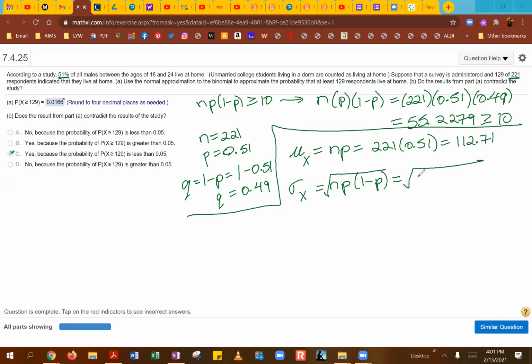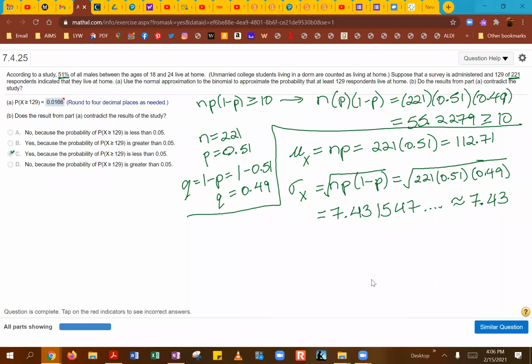So then you have 221 times 0.51 times 0.49, all of those we multiply together, and then you take a square root on top of those numbers. Alrighty, so our standard deviation is coming out to be approximately 7.431547, and this number keeps going on. But how about we approximate this to 7.